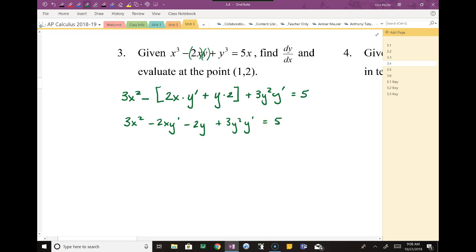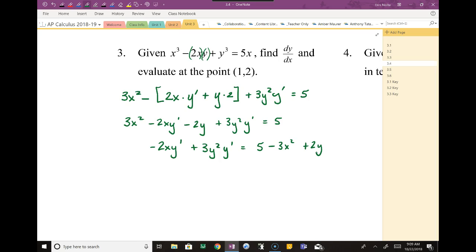Okay, so I'm going to get rid of the 3x squared and the negative 2y. So I'm going to have 2xy prime plus 3y squared y prime equals 5 minus 3x squared plus 2y. Everybody good with that step there? So just sending those 2 terms to the other side.